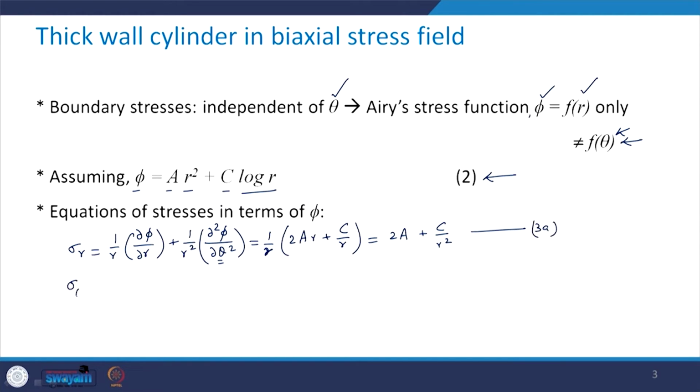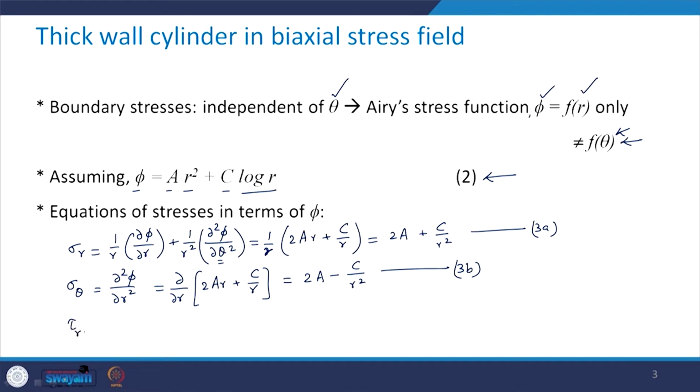Then sigma theta equal to del 2 phi del r2, which is equal to del r, and I differentiate phi once, so that is 2ar plus c upon r. Then I have to differentiate it again, so this will be 2a minus c upon r square. That's equation 3b.